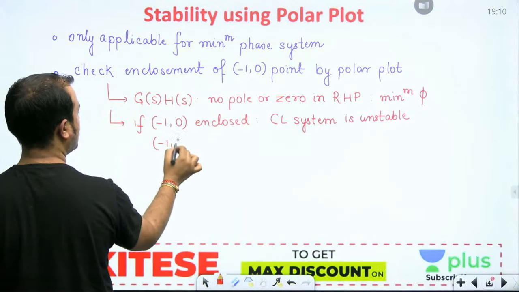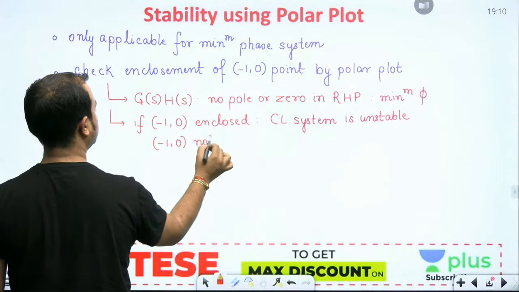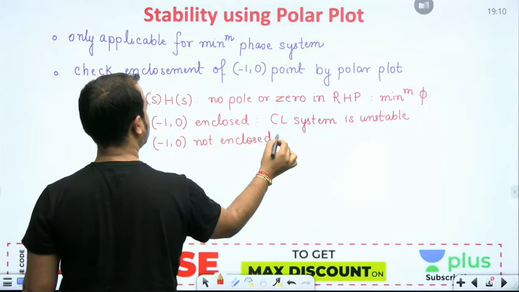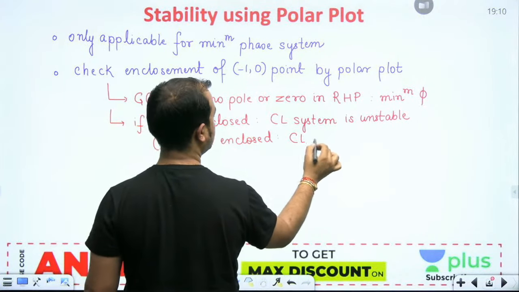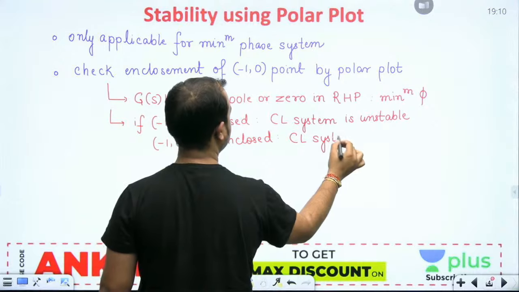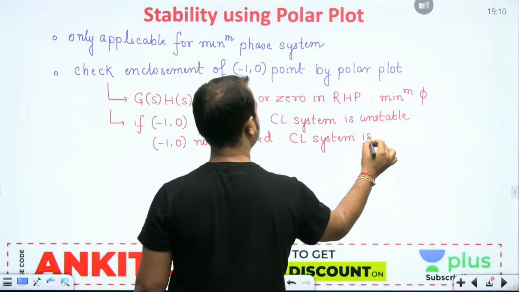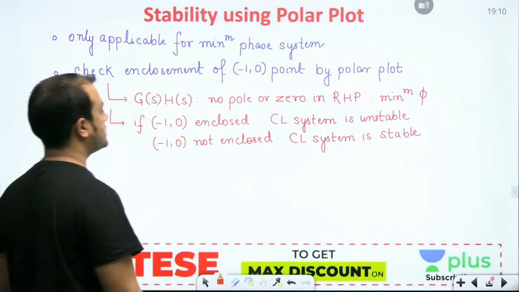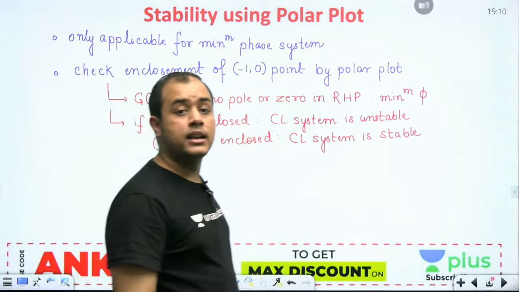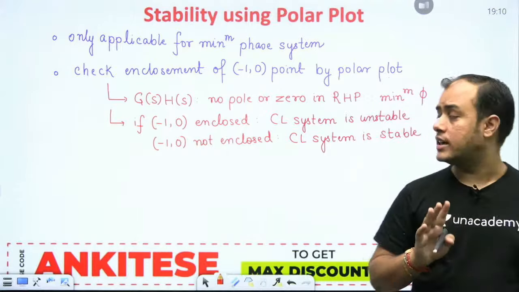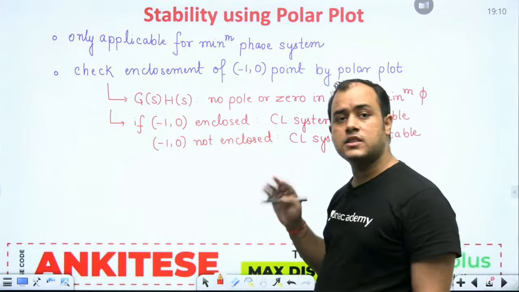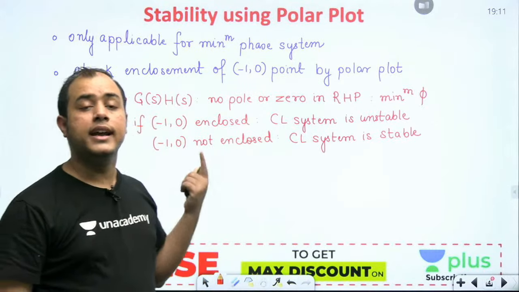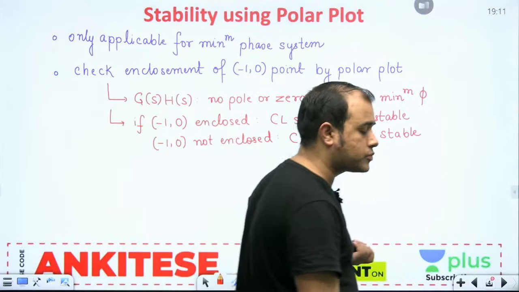And if -1, 0 is not enclosed, closed loop system is stable. As simple as that. You just have to check whether this -1, 0 will get enclosed by the polar plot, or it does not get enclosed by the polar plot.